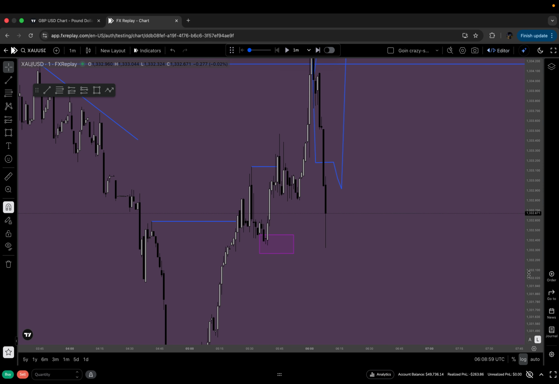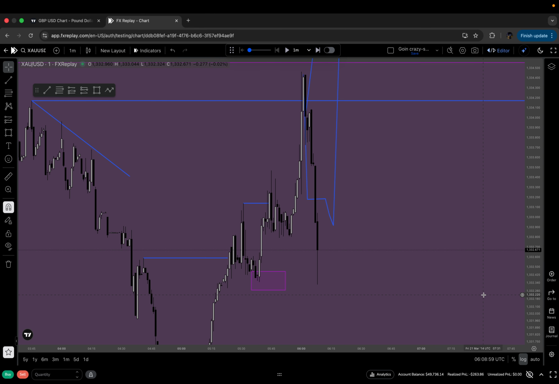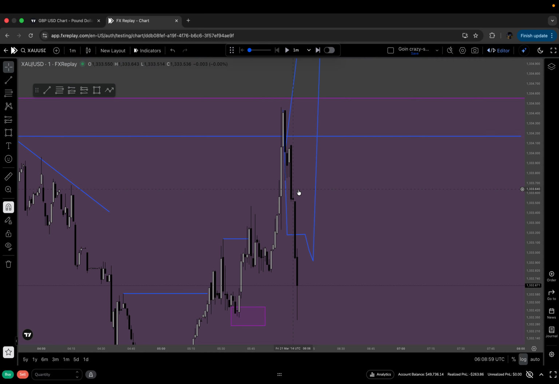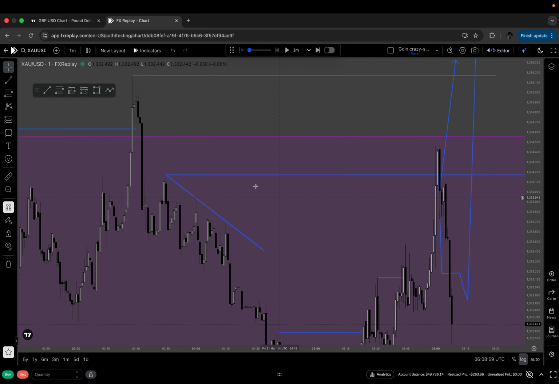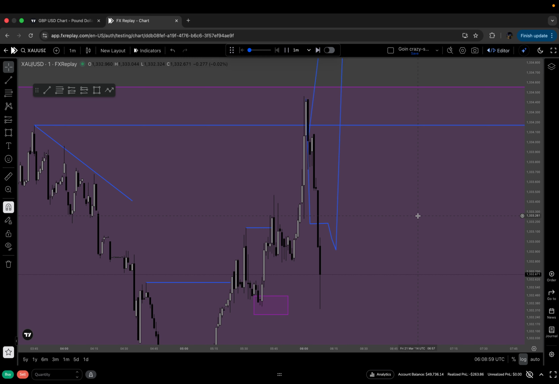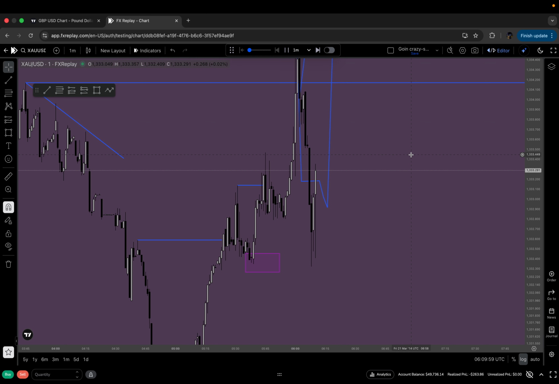We get a pullback. And yeah, we end up taking it after these highs got taken. We chop a little bit, get nice displacement. Displacement was to take out these internal highs, but if we continue forward, we can see what happens.